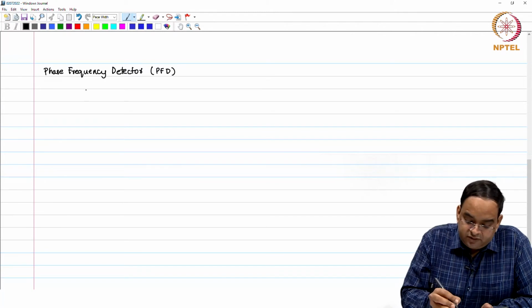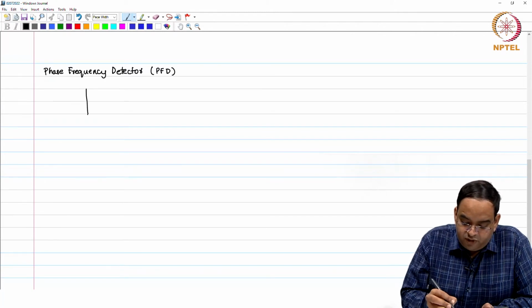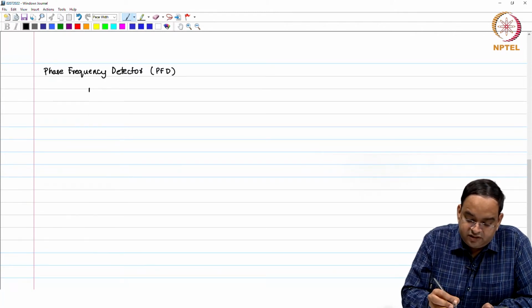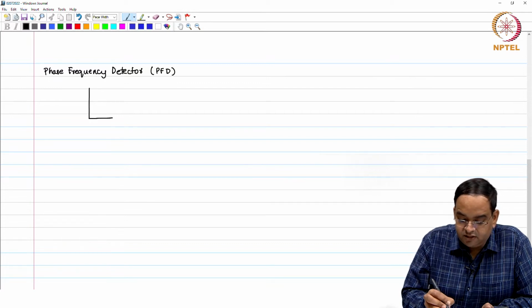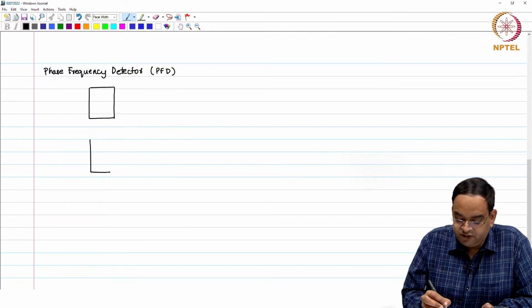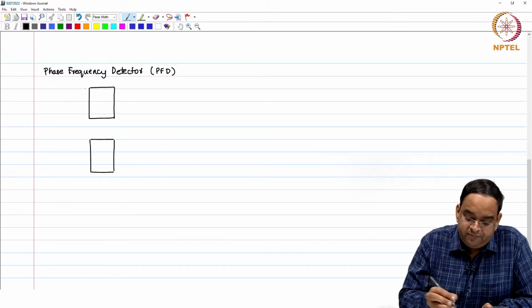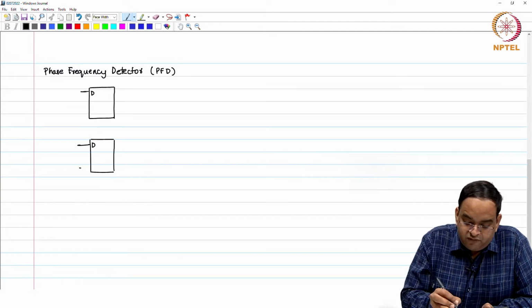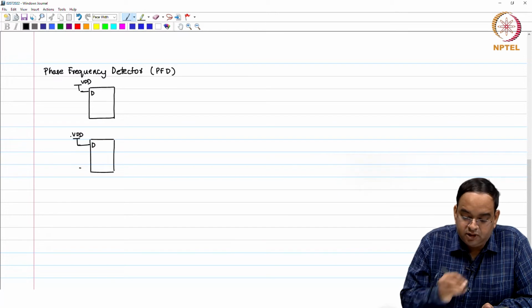Okay. It is typically made up of 2 D flip flops. You can always design it using some other digital circuit also, but you will see that it can simply be designed using 2 D flip flops. Okay. The input D of both the flip flops are connected to VDD, the supply voltage. Okay.